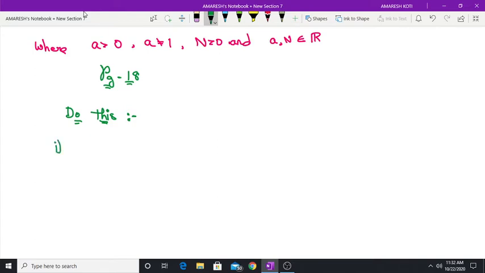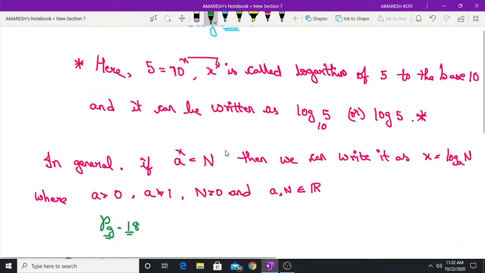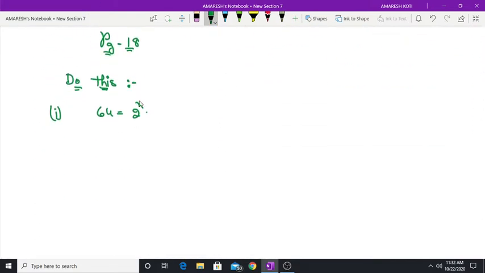First sum: 64 equals 2 power x. It is given like this, no? It is asked to calculate the value of x.